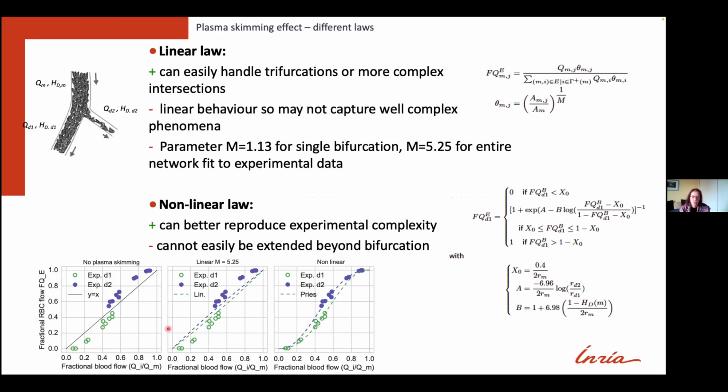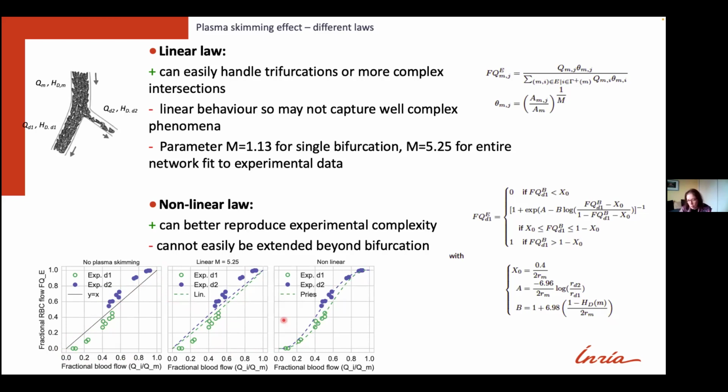But when compared to experimental data, which are the blue dots or green dots here, of the fractional red blood cell flux versus fractional blood flow, we see that when we have no plasma skimming, of course, we have just a simple line here. But the linear law does not really capture well what is observed experimentally, contrarily to the nonlinear law. The problem of this nonlinear law, nevertheless, is that it cannot easily be extended beyond a bifurcation.